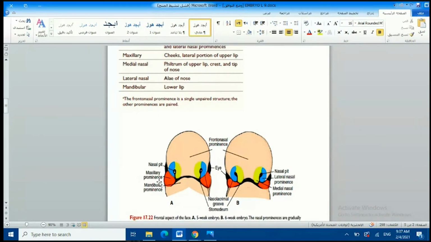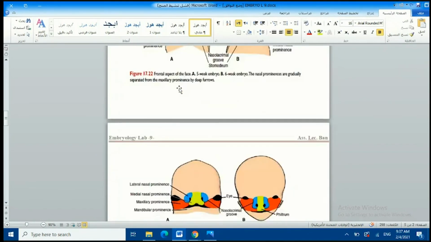Okay, the maxillary prominence will form the cheeks with the lateral portion of the upper lip, while the medial nasal, look, this is the maxillary prominence, and this is the mandibular prominence. So the maxillary prominence will form the cheeks with the lateral portion of the upper lip, while the medial nasal prominence will form the philtrum of the upper lip, the crest, and the tip of the nose.